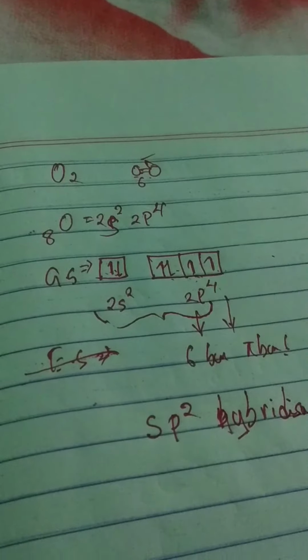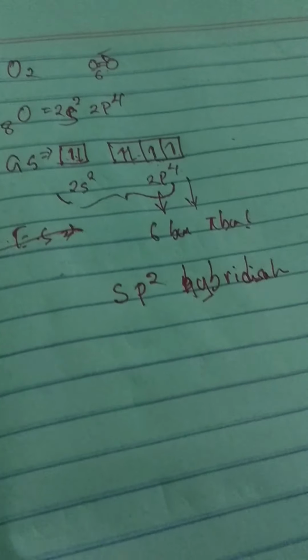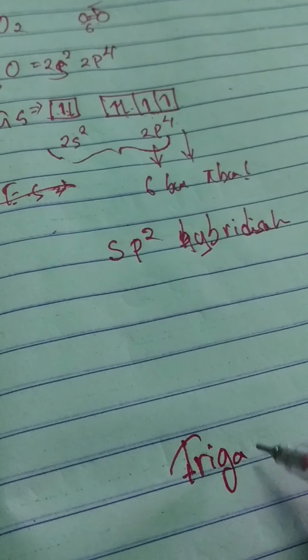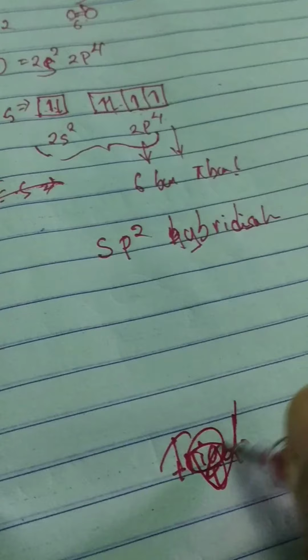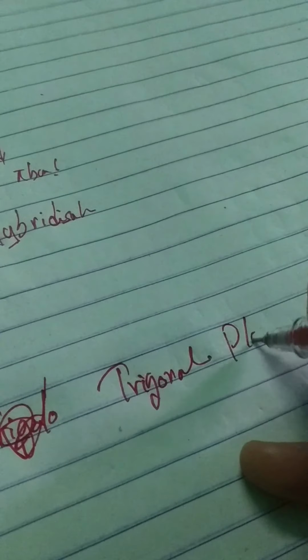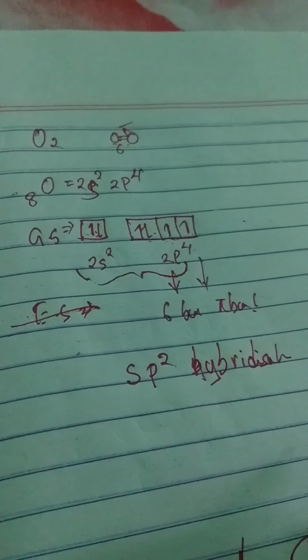So sp2 hybridization, what is the form? The geometry is trigonal planar. So how to draw this one? Suppose I am taking one oxygen, the central oxygen, in the middle.